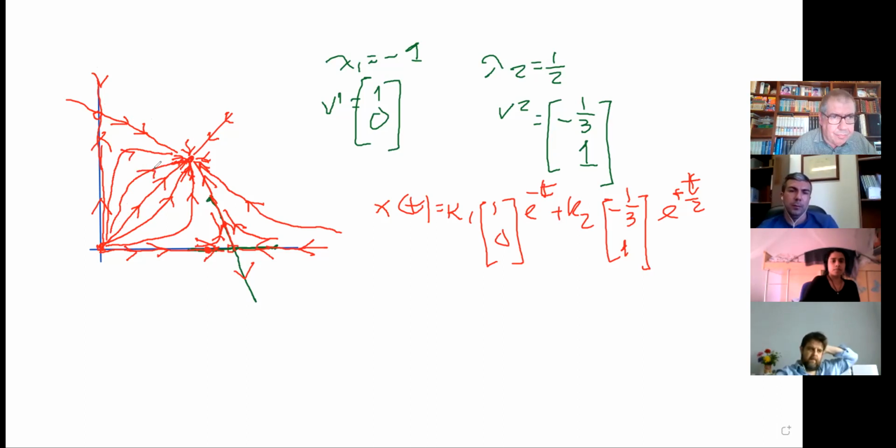Which means that if you approach, you are converging to this point because you want to cross this line. Okay, so this is more or less the diagram.